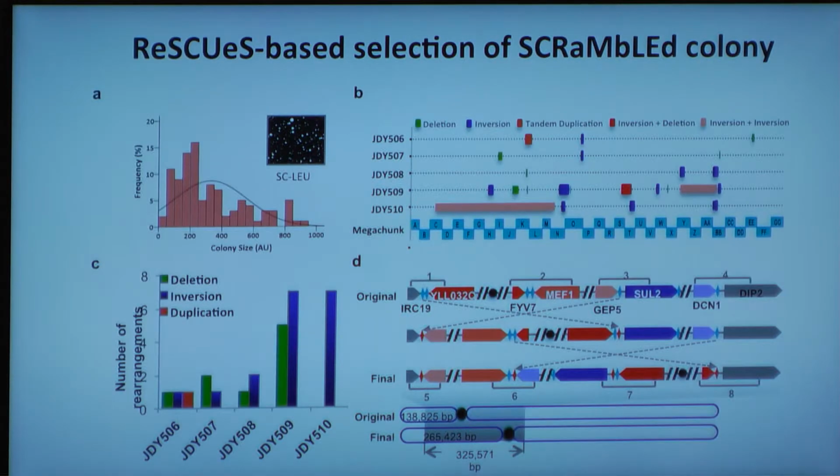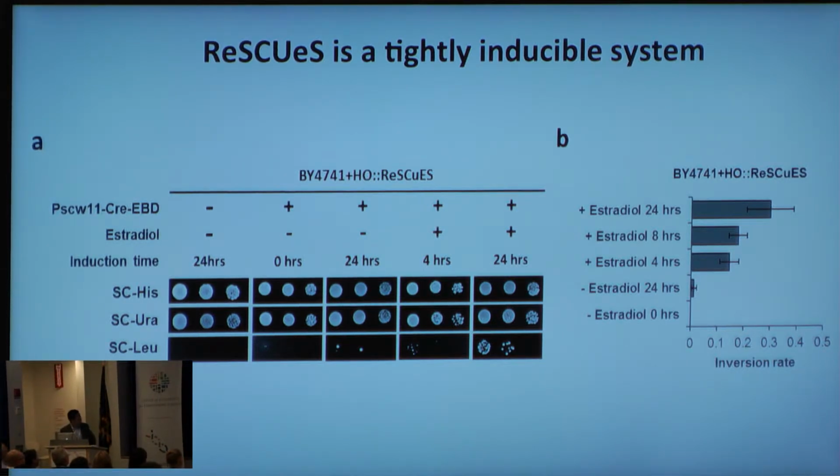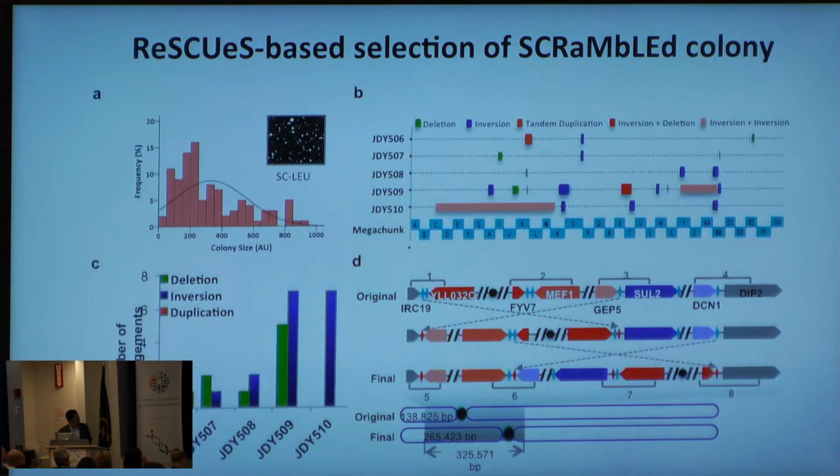So we used that as a test, and initially we tested whether this system is tight enough, and it is. If you look at this one showing here, without induction, you'll see nothing grows, and only when you induce for 24 hours, you'll see those LEU colonies appear. And this is induced for different times. You can see more of those LEU plus colonies appear.